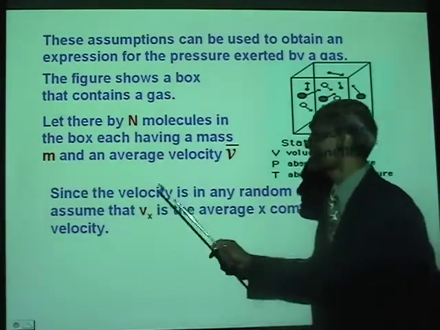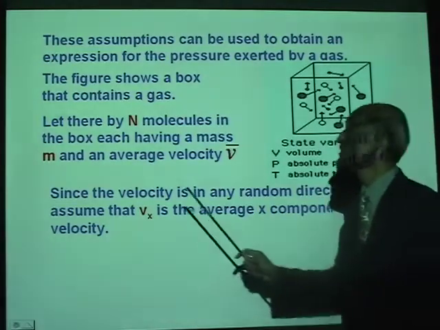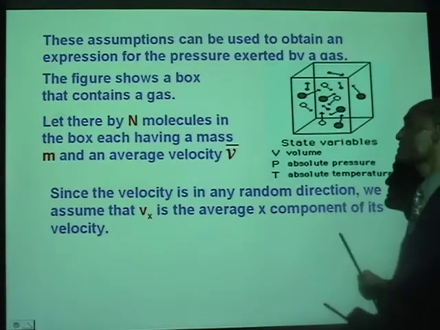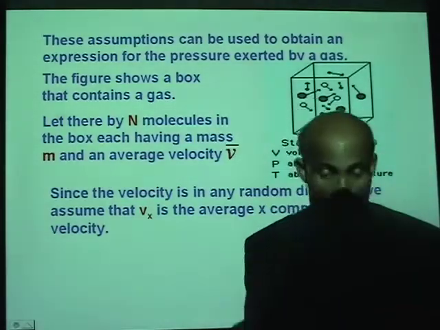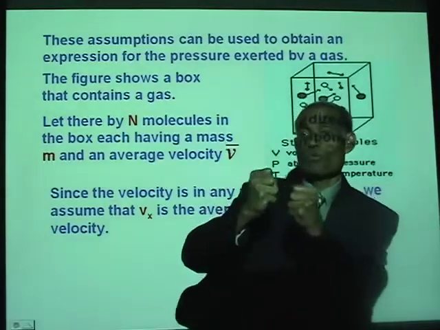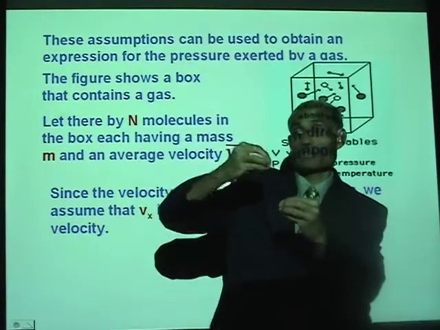Since the velocity is in any random direction, we assume that v sub x is the average x component of its velocity. Now remember, a molecule can move in the x, y, or z direction, or in any arbitrary direction.